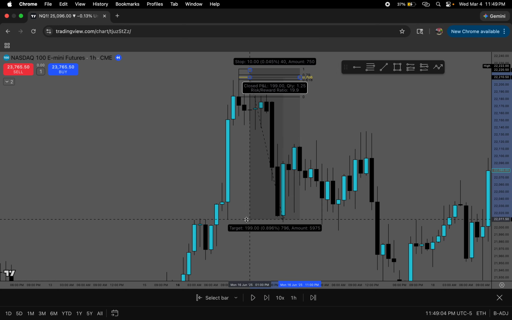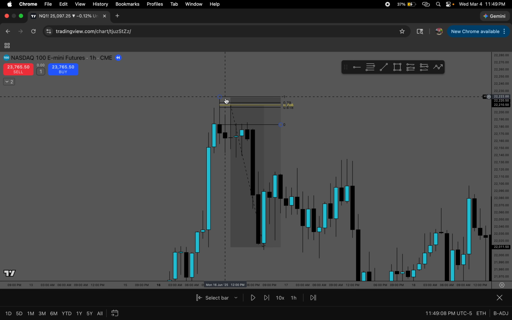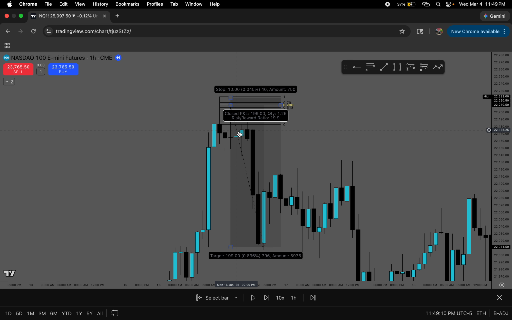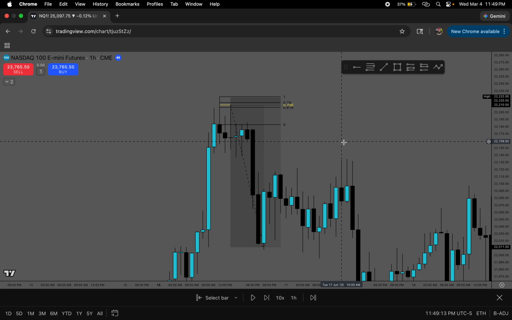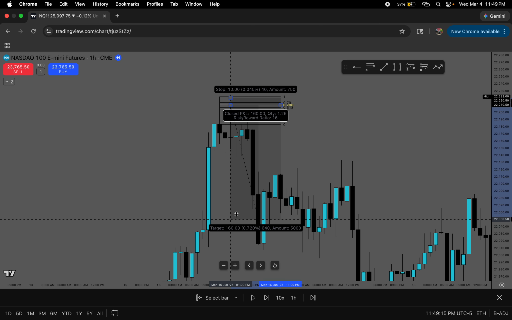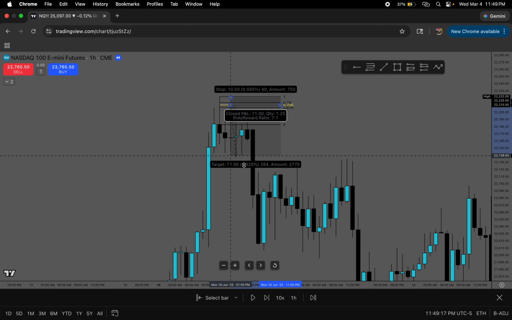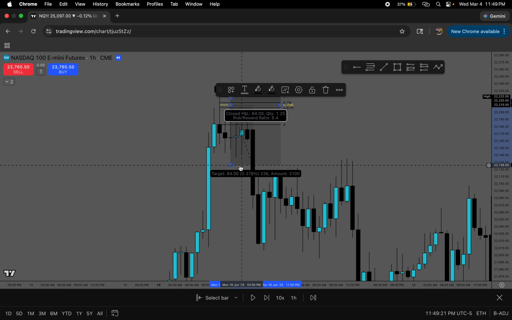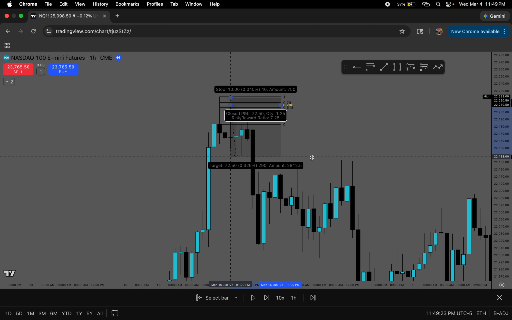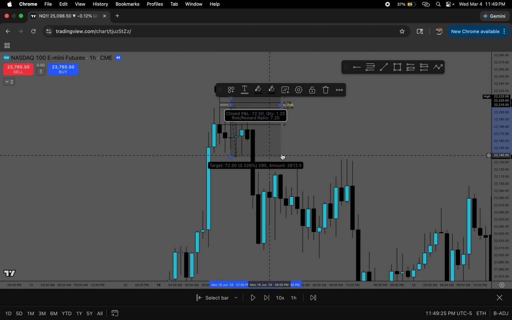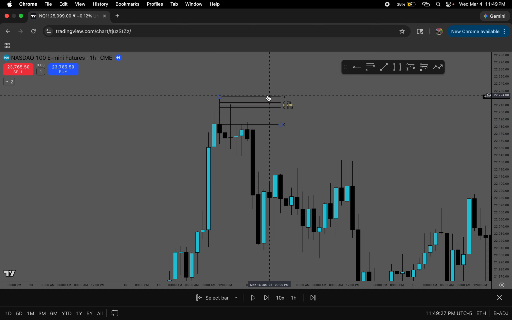You could have targeted this low. I mean, this move happened at 1 p.m. So even if you just targeted this low here. What time is this? 6 p.m. Yeah, even if you just wanted to get out like a quick scalp, you could have just targeted this low. It's still 70 points.